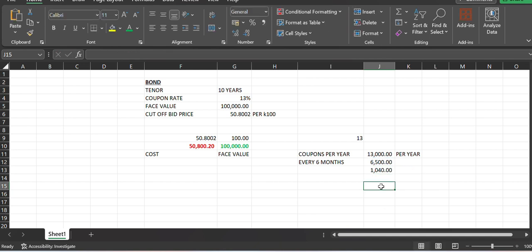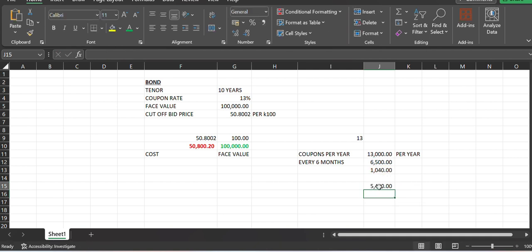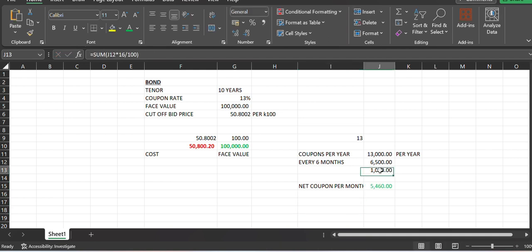That's 16%, meaning that the actual coupon that you'll be getting will be this minus that. So this is the actual net coupon per month that we'll be getting. Now, this is a very rough estimate. They don't actually remove 16%.